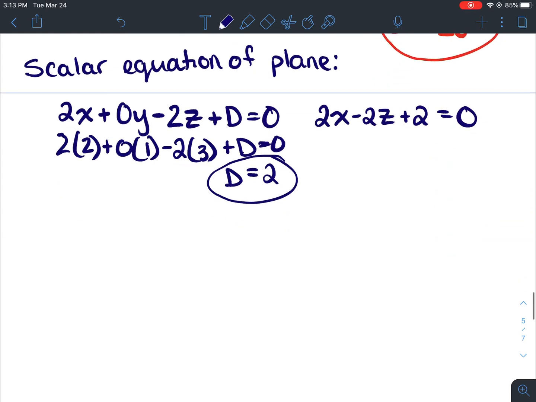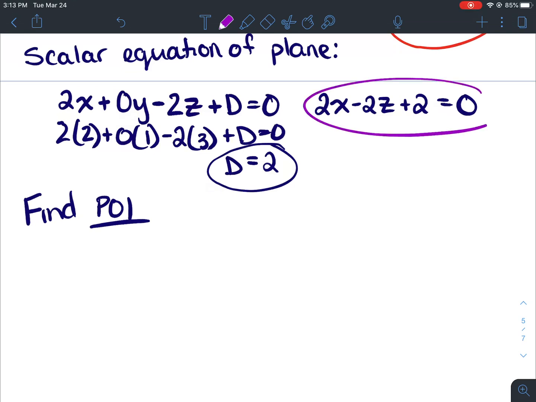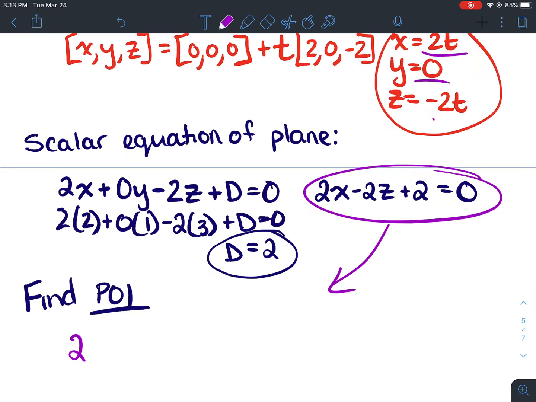But I'm not. Okay, so next, let's find the point where they intersect, the line and the plane. I'm just going to take my scalar equation of my plane and insert my x, y, and z.